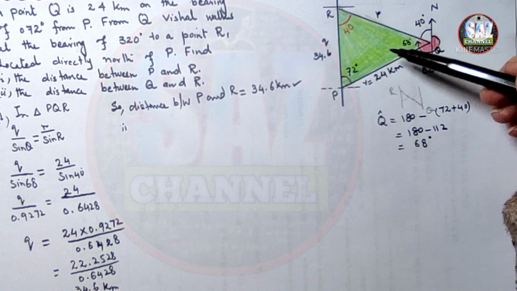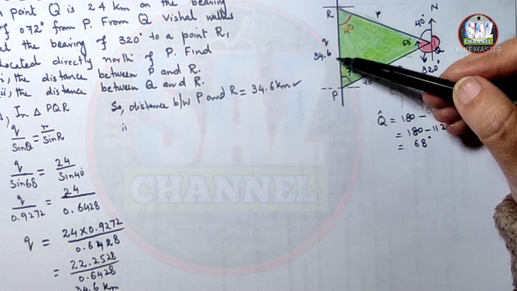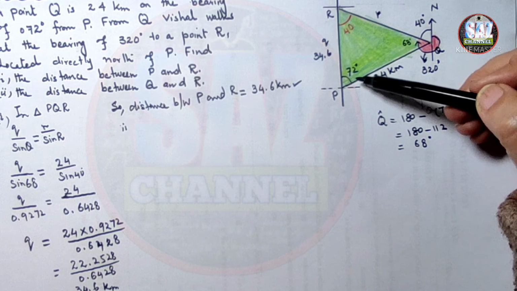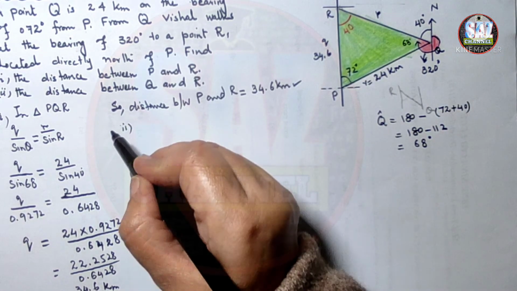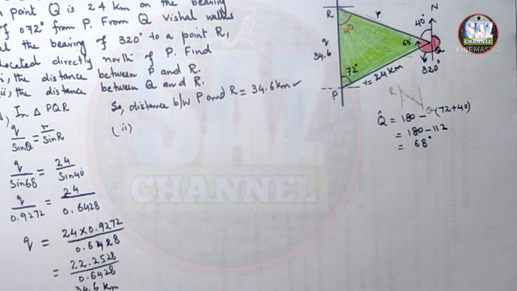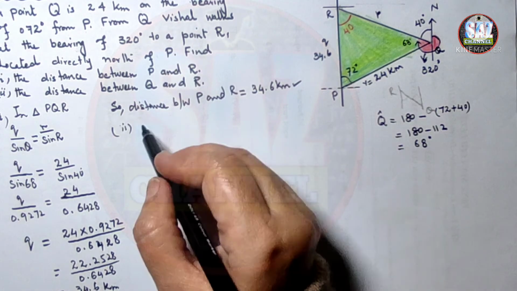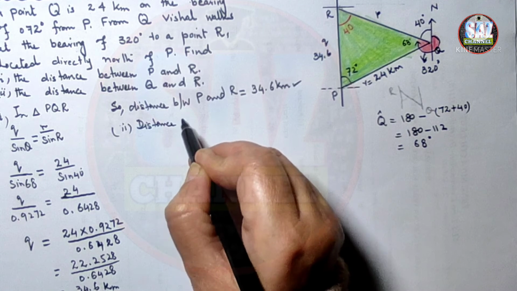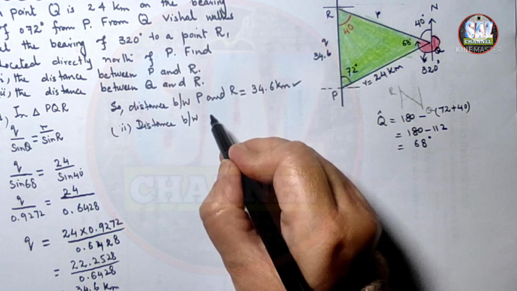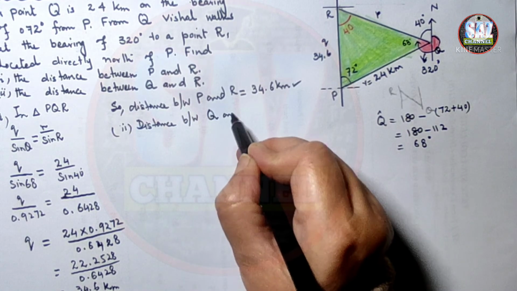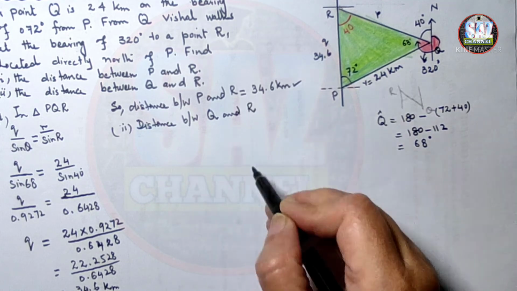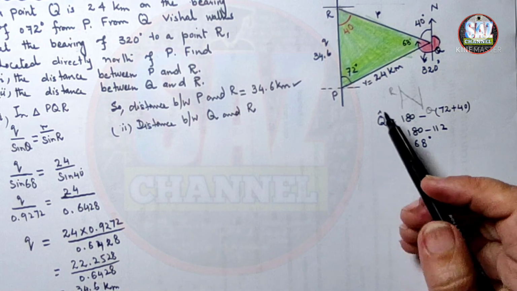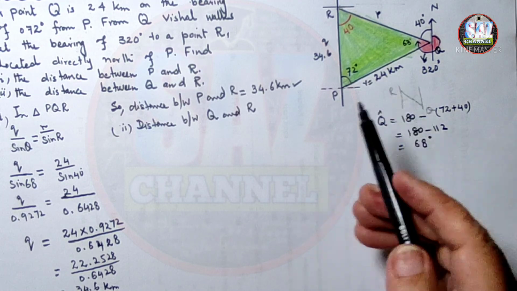Now look, after calculation of side PR, we have two sides and the included angle. So in order to find the distance between Q and R, we have to apply the cosine law, because we are given two sides and the included angle.